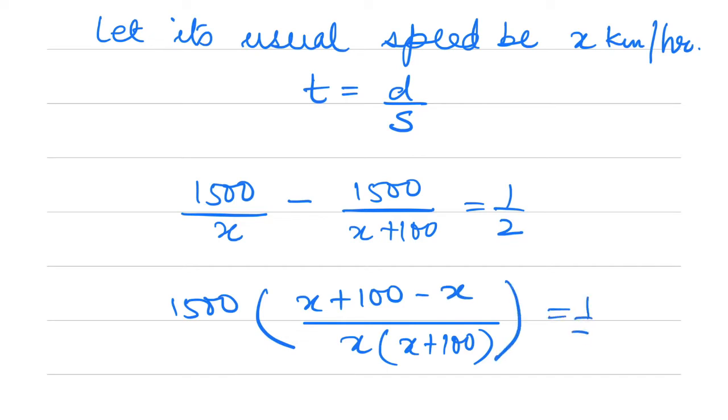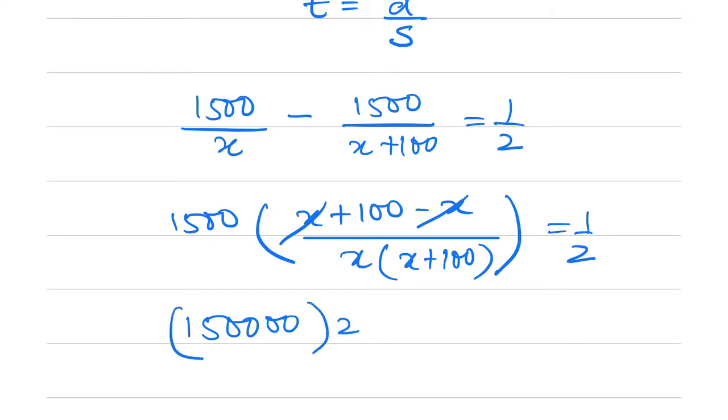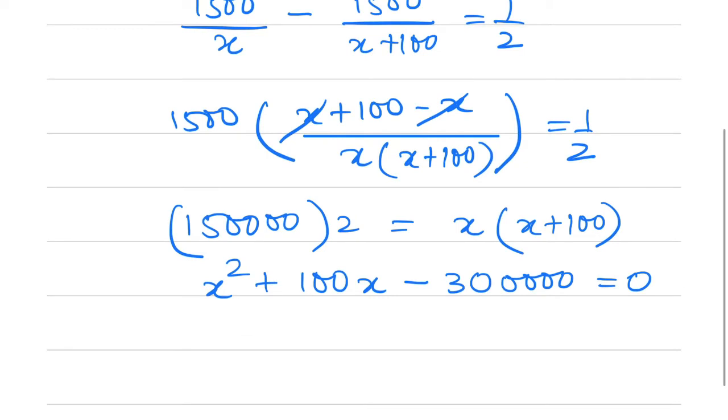This is equal to half. x and x get cancelled, so here I get 1500 and 2 more zeros into 2 is equal to x into x plus 100. Now x square plus 100x minus 30 and 1, 2, 3, 4 zeros is equal to 0. So I got a quadratic equation.